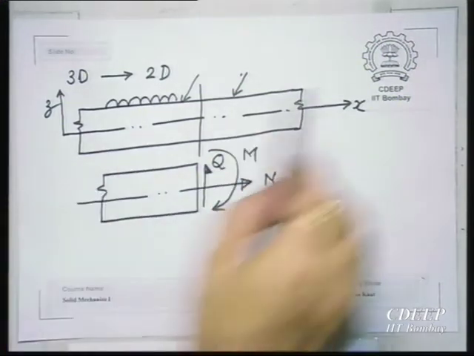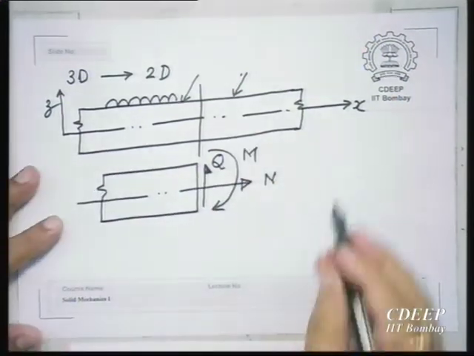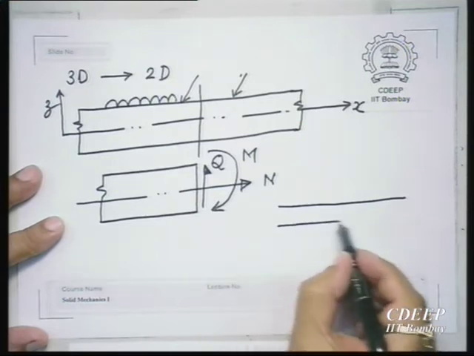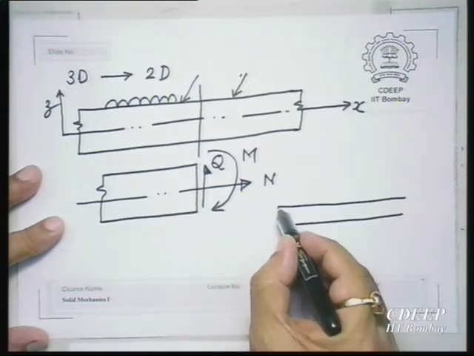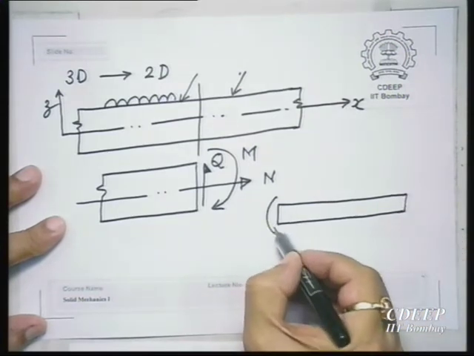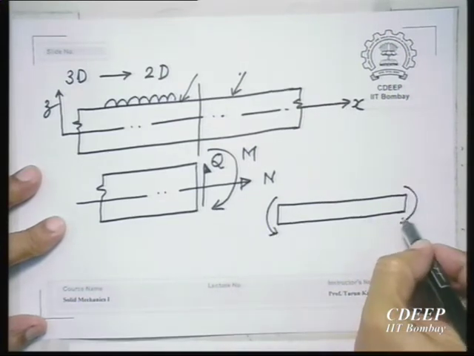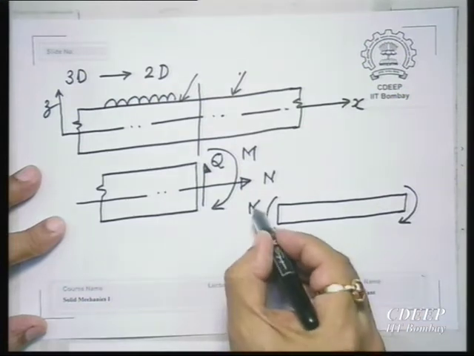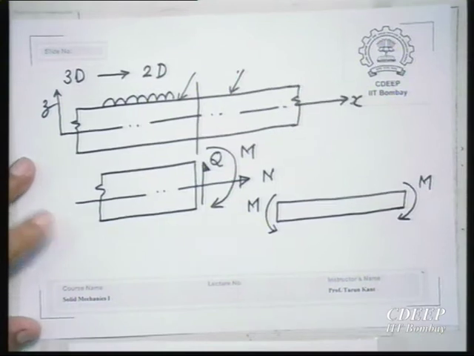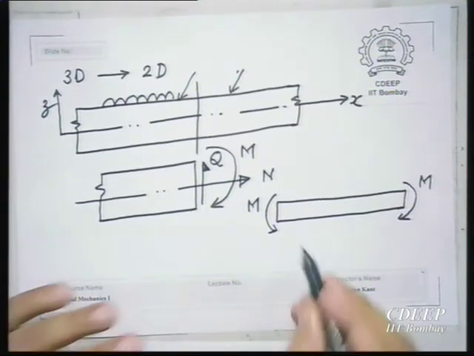If there is general loading, but let us say the beam that we are going to study today is subjected to pure bending moment, so you have M and M at every cross section along the length.